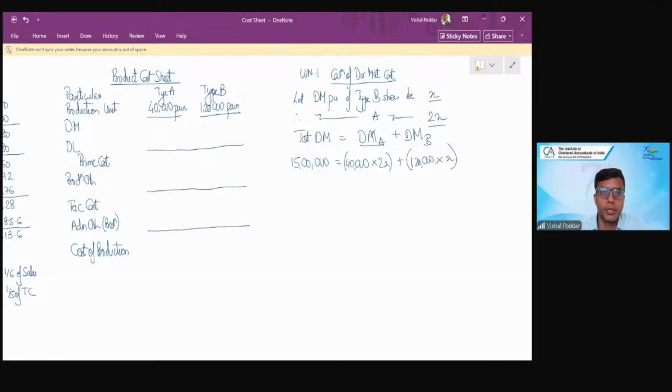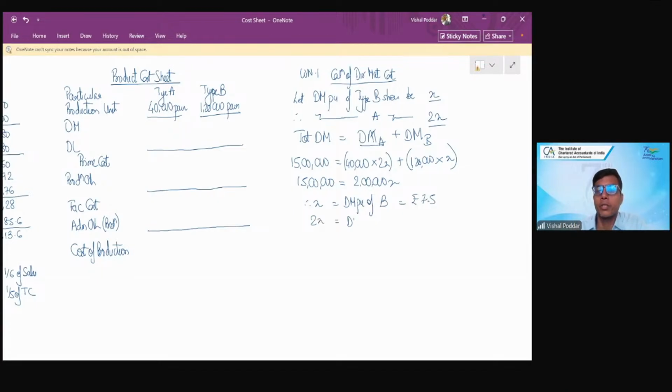So I get a simple equation. This is 80,000x, this is 120,000x, so this becomes 2 lakh x. Therefore, x, the direct material per unit of B, is rupees 7.5.